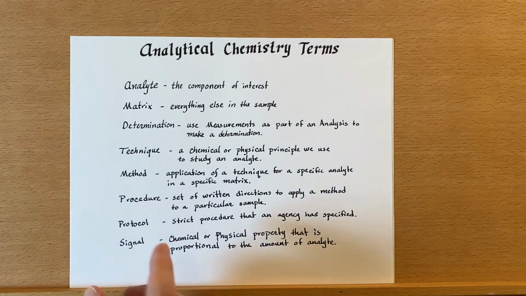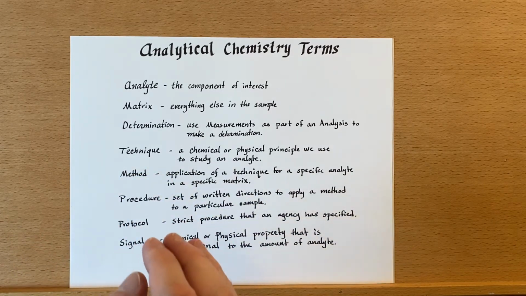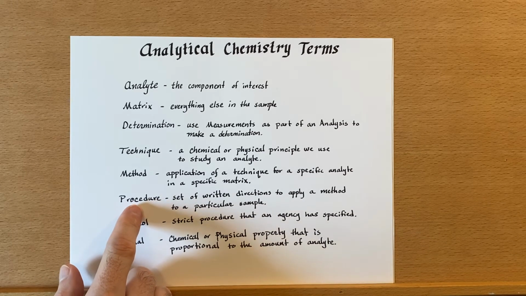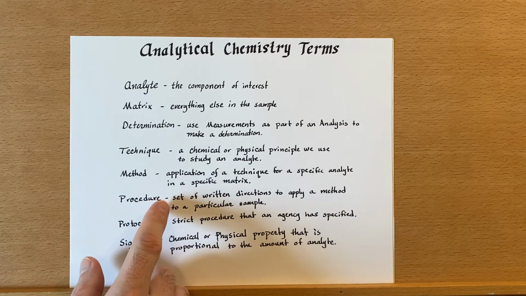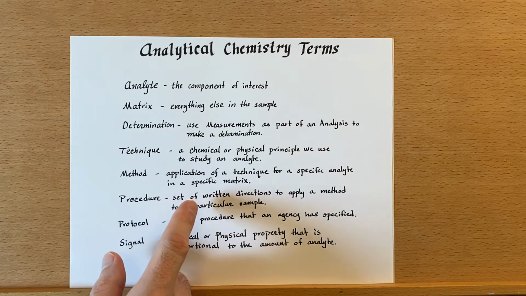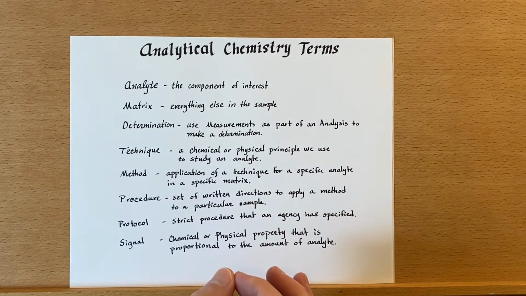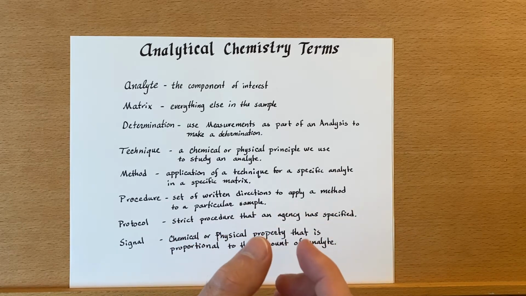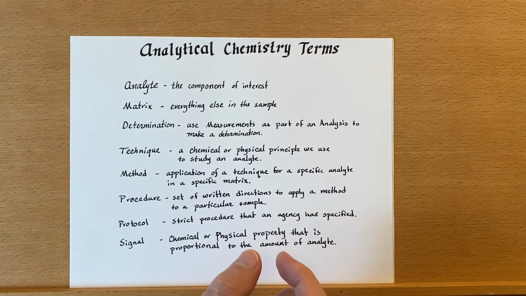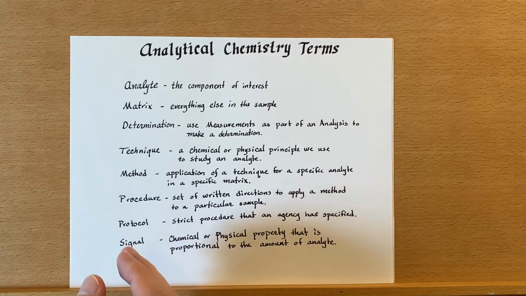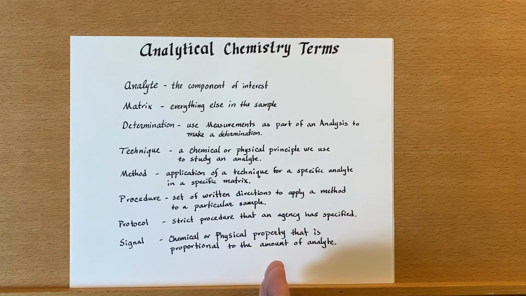Now, getting a little further down into the granular is a procedure, which is when we apply a particular method to an actual sample. So we take the method and we say, you must do this to actually conduct the analysis.